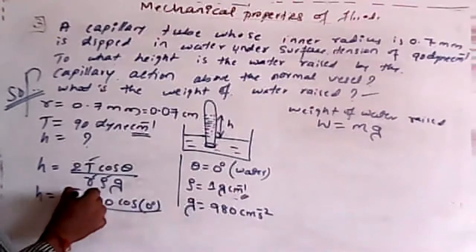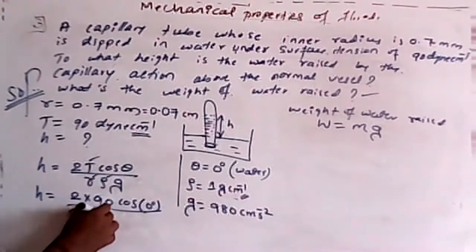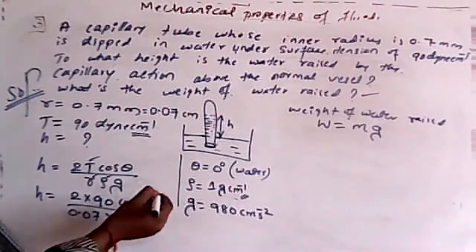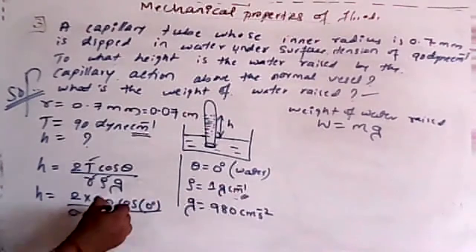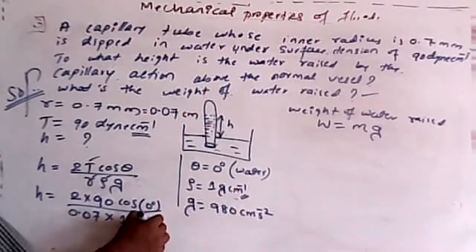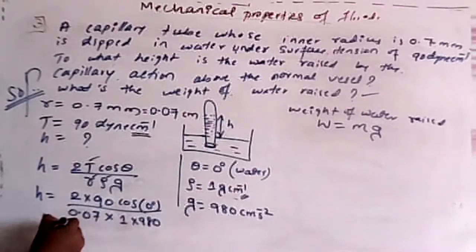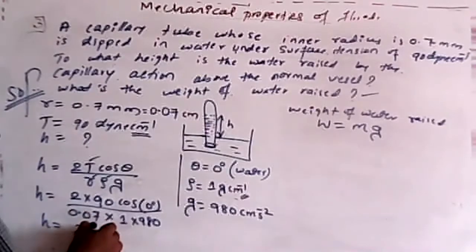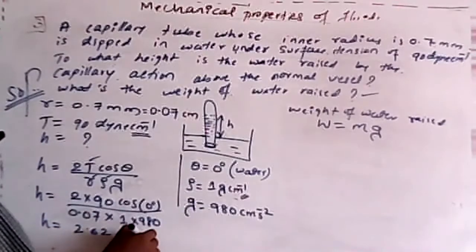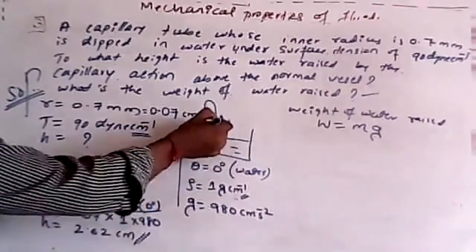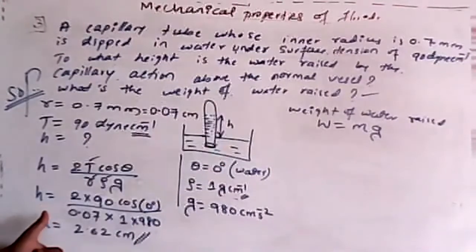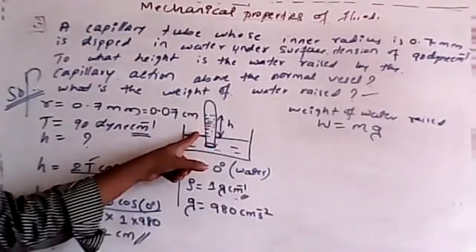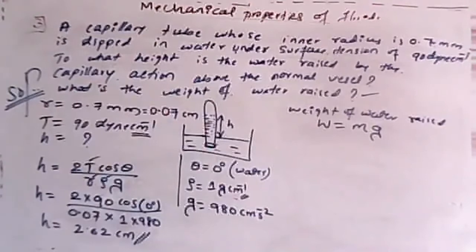Yes, correct. Then R value will be 0.07 centimeter, into 1 gram per centimeter cubed, then 980. So straight away you can write it this way: 2.62 centimeter. Now it is positive, it means it is rising up. So H is positive means inside the capillary tube it is rising in the upward direction.